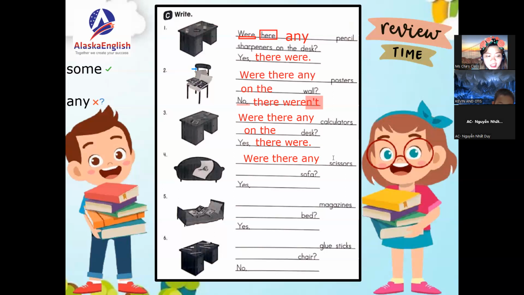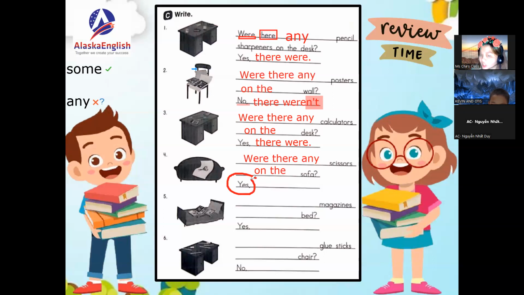Were there any scissors? Preposition. On the sofa, right? What is the answer?